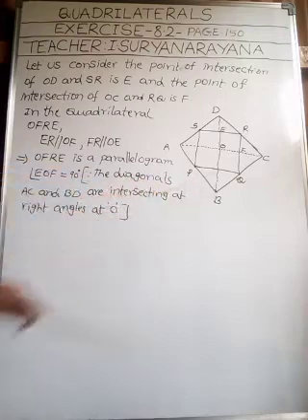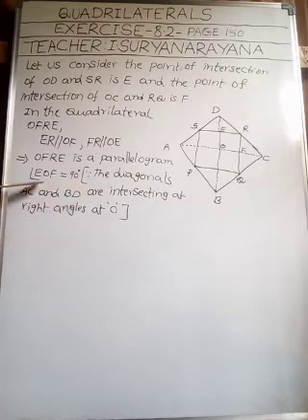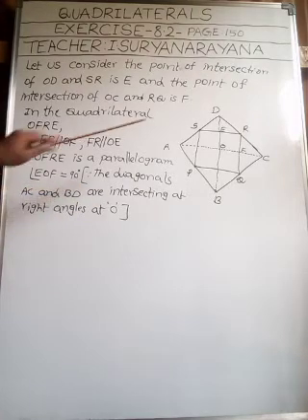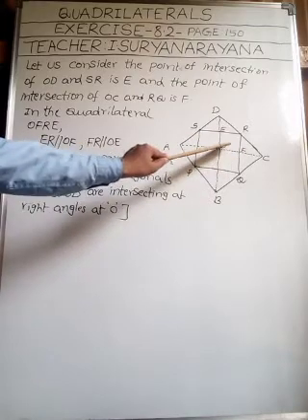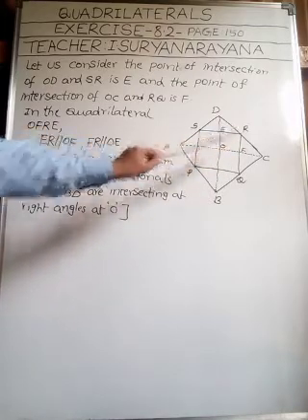We know that diagonals of a rhombus bisect each other at a right angle. By using this property, we wrote this one. So in this parallelogram, angle EOF is 90 degrees. So automatically this is a rectangle.